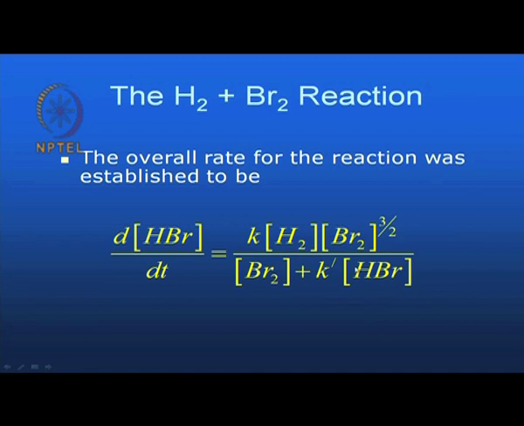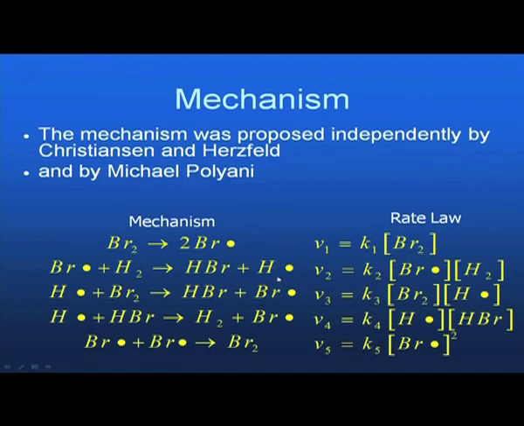So, if HBr increases, rate of production of this HBr will be reduced. So, this can be regarded as that step which is responsible for the inhibition, or it is acting as an inhibitor for the process.